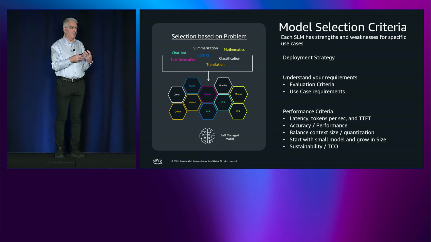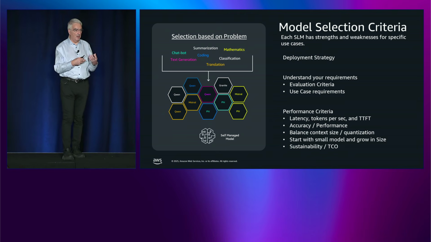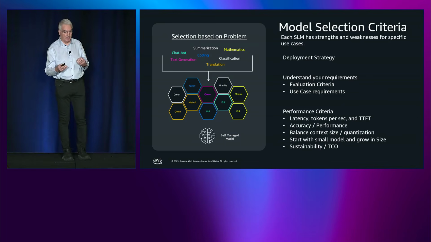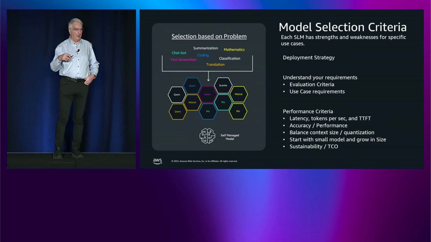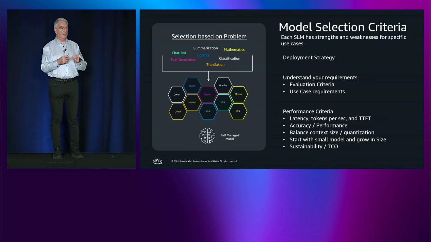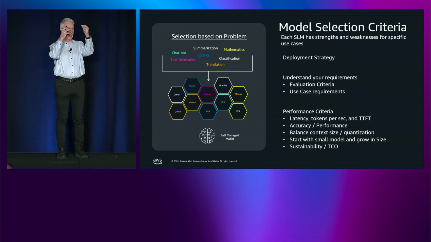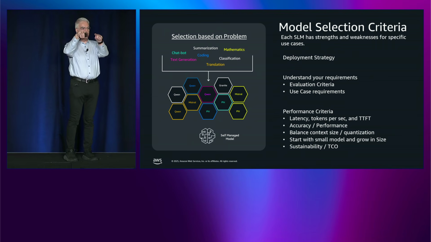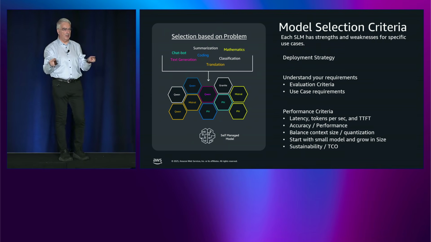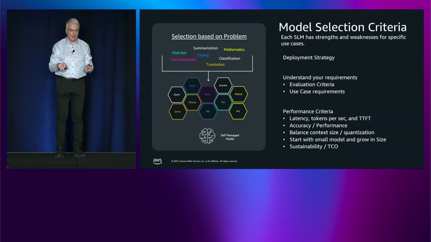We have customers that are experimenting on voice to text, for instance, on CPUs, not even GPUs. And we always recommend, as a best practice, start with a small model, try it, see if it works, and then go to the next size up, the next size up, the next size up. Because what we found, a lot of customers start with an LLM, it works fine, and they don't actually see if they could use a smaller model to get the same accuracy and performance.